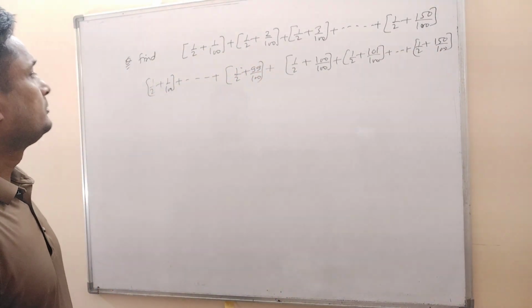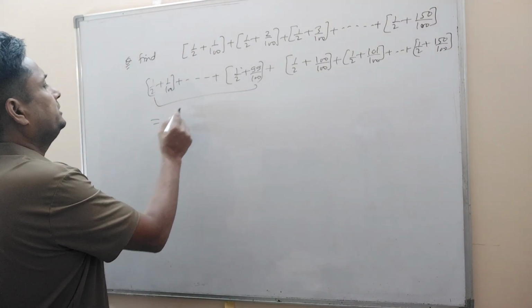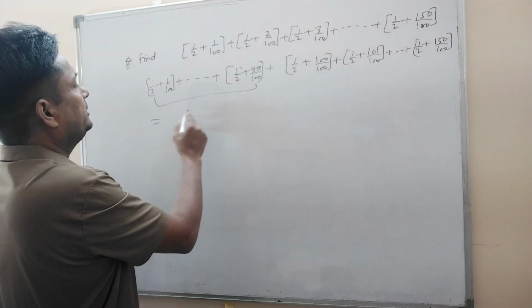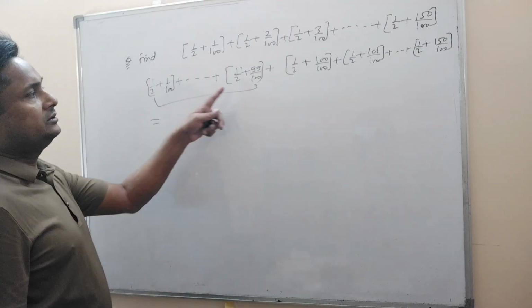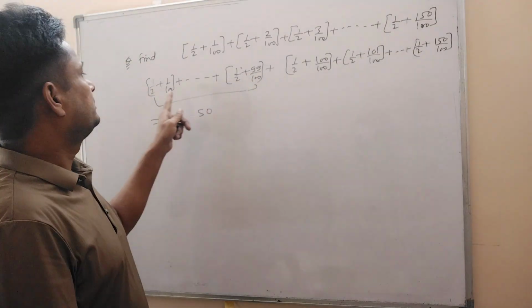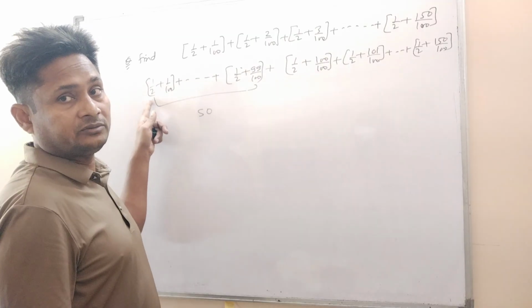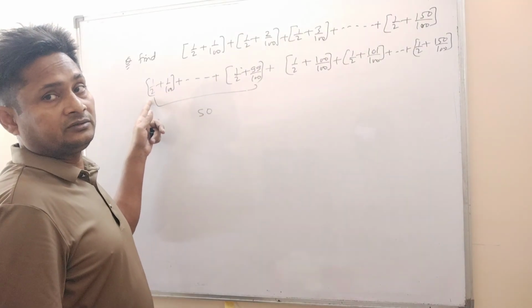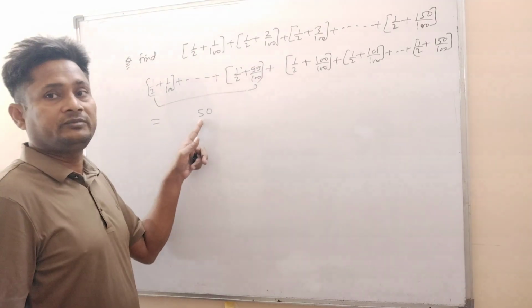So this one will be, n is 100. So this one will be 50, because the formula is n into x. n is 100 and x is 1 by 2. So n into x, 100 by 2, it will be 50. Greatest integer of 50 will be 50.